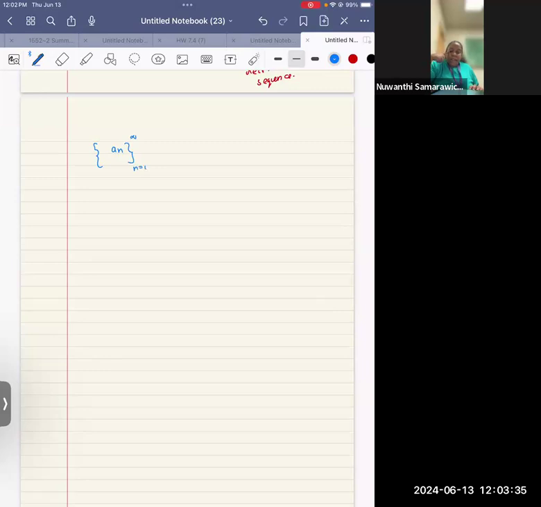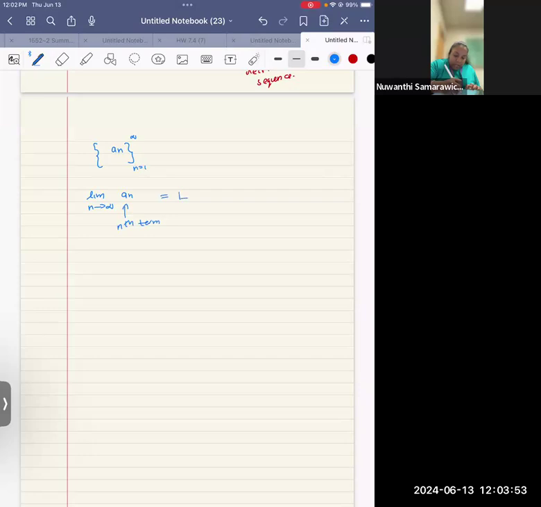And we say a sequence is convergent if we take the limit of the sequence, the n term that is in the sequence. This is called the n term.